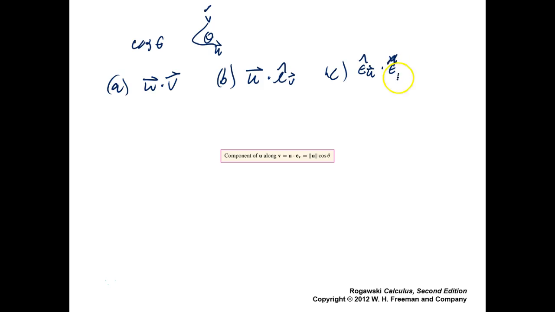A, is it u dot v? B, is it u dot ev? Or is it C, eu dot ev?